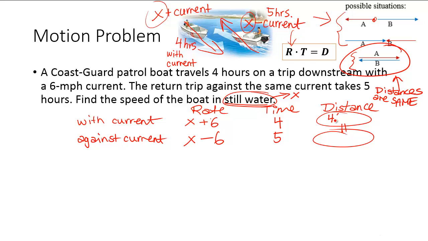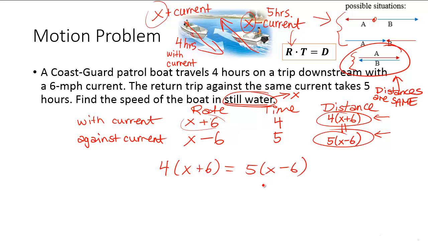That gives us the proper expressions for the distances. If you go 4 hours times the rate like this, you get this amount. 5 hours times the other rate, you get that amount. But those amounts should be equal because we know the distance is the same, because he went there and back. That leaves us with this equation.